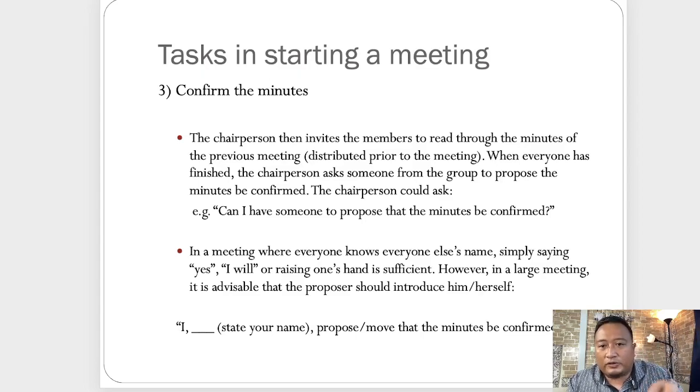Orang yang boleh propose adalah orang yang berada dalam meeting yang sama sebelumnya dan dia nak confirmkan minutes meeting tu. Then they can confirm and they can second the motion. If not, no, it cannot happen. Understand? But in your task, it's not going to be a problem because you need to attend every single meeting, right? So I think anyone can propose for the minutes to be confirmed.